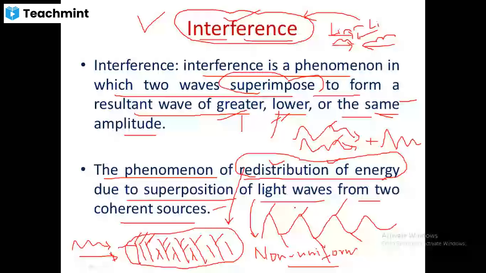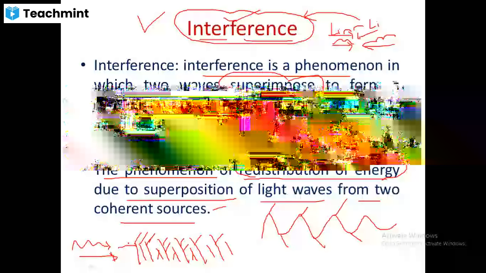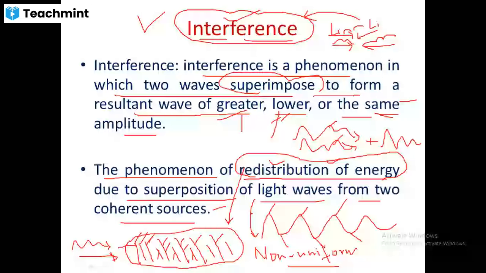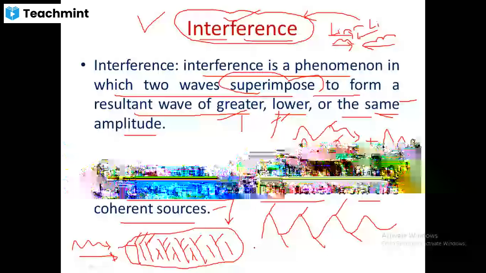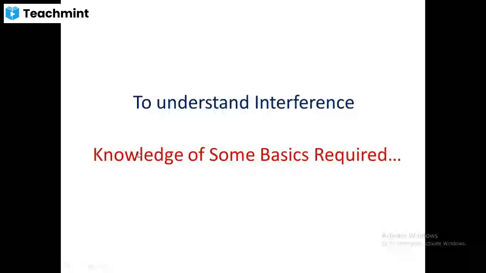If you remember this, or if you understand this much of the definition, it is more than sufficient to have a knowledge of what exactly interference is all about, right? But if you want to understand interference thoroughly, you have to have knowledge of some basics of the wave nature of light.